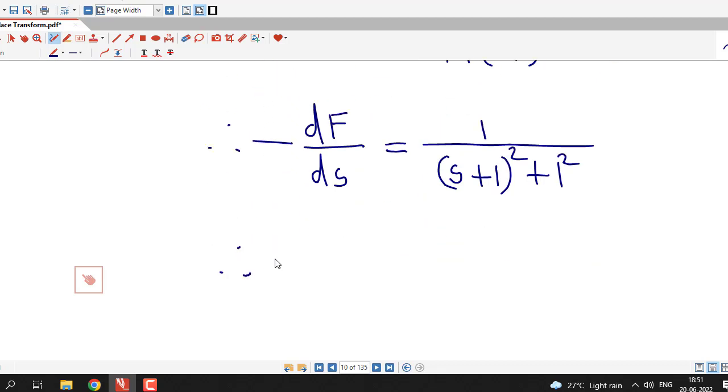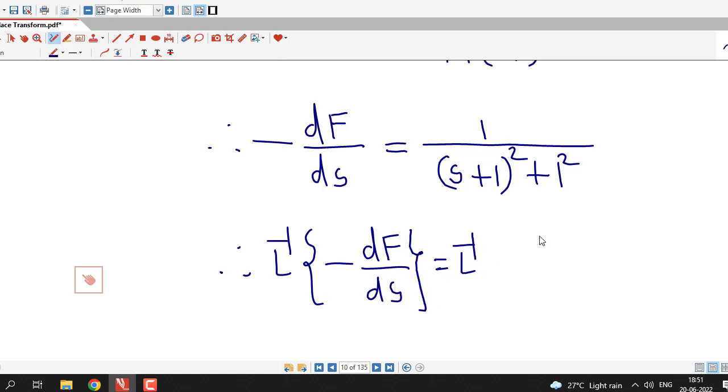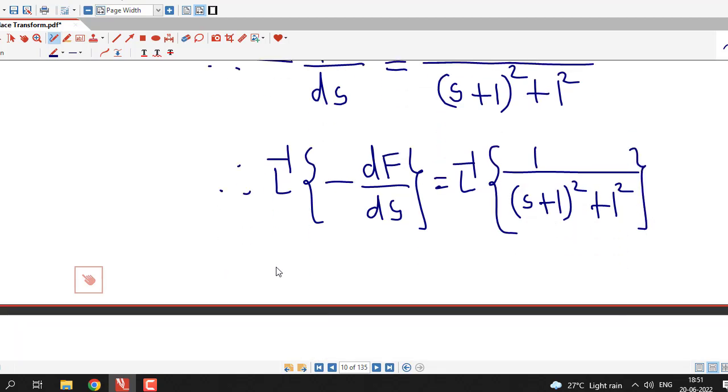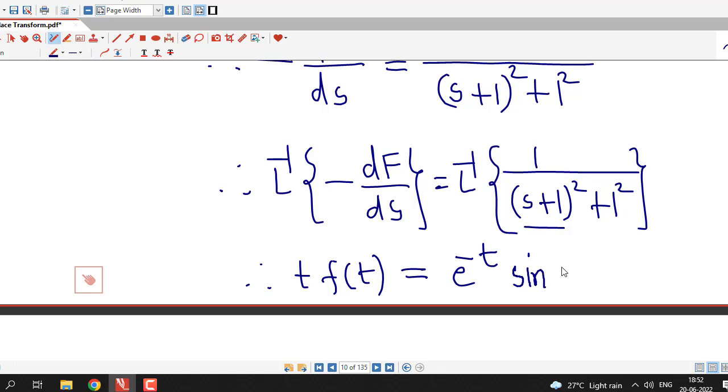Now we take inverse Laplace transform on both sides, therefore L inverse of minus df by ds equal to L inverse of 1 divided by the square of s plus 1 plus 1 square, and by the formula the left hand side is t into f of t, and here we have s plus 1, so we take e raised to minus t, and this is like 1 over s square plus a square with a equal to 1, so we have sin t.